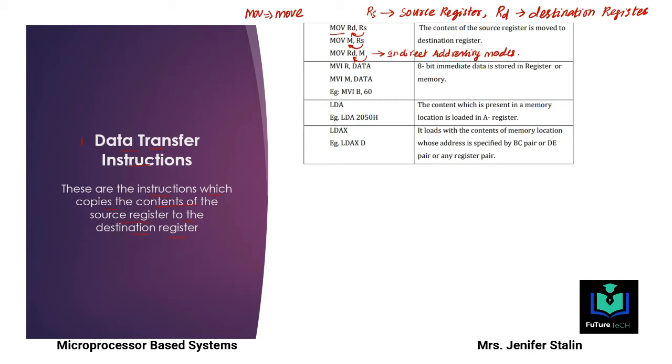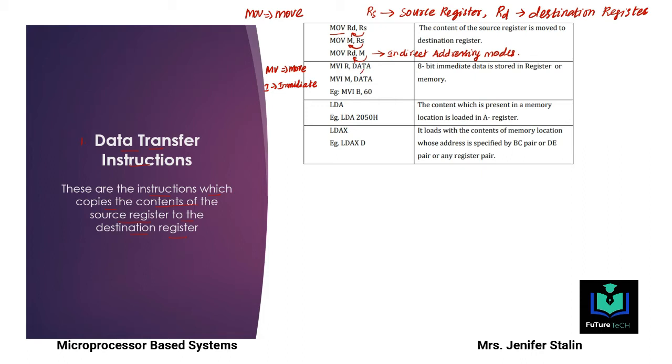The next data transfer instruction is MVI. MV stands for move, and I stands for immediate. So, move immediate R, data.